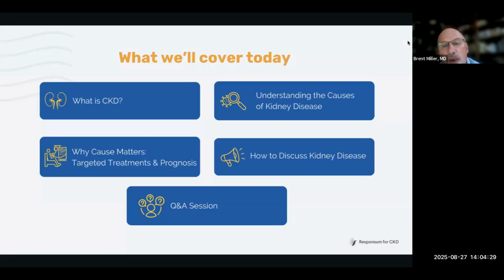And so to do that, we want to understand the causes of kidney disease, and we'll briefly discuss that. Although, as you can imagine, that is a multiple lecture discussion to go through those in detail. So we're just going to mention a couple of the big ones and just throw it out there that there are a lot of them. But as a patient, you should understand what yours is.